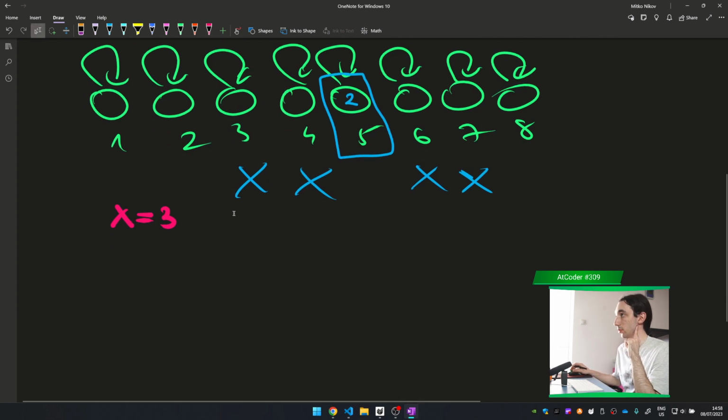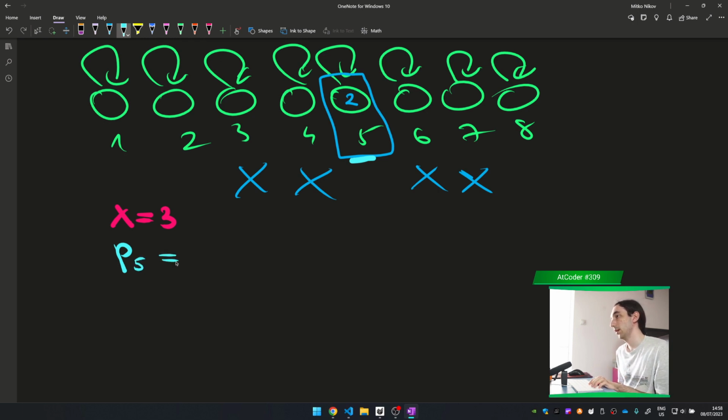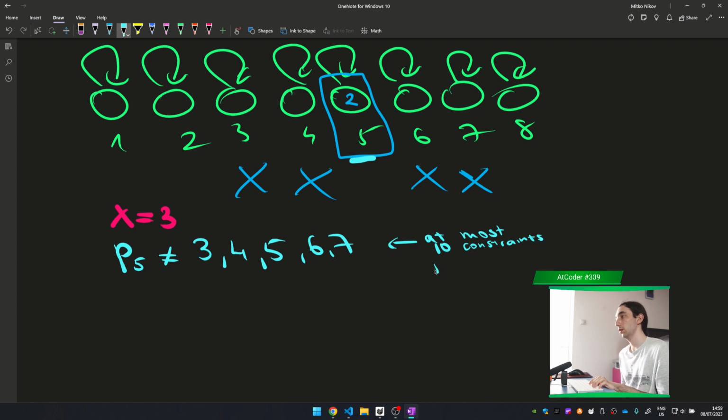So okay, we have some constraints. Essentially what we have is, if x is 3, p5 cannot be equal to 3, 4, 5, 6, 7, and at most we have 10 such constraints for each element.